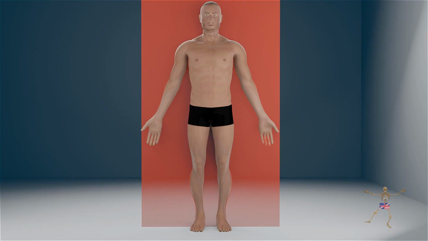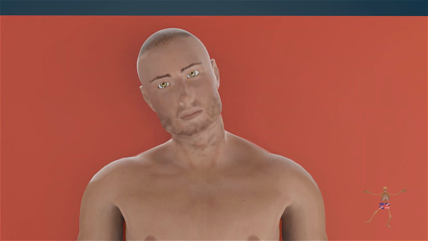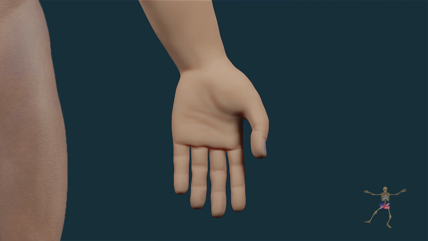When referring to the neck and trunk, a movement in the frontal plane is called a lateral tilt. For example, this is a right lateral tilt. For the fingers of the hand, the midline of the body is replaced by the axis of the hand passing through the third finger.